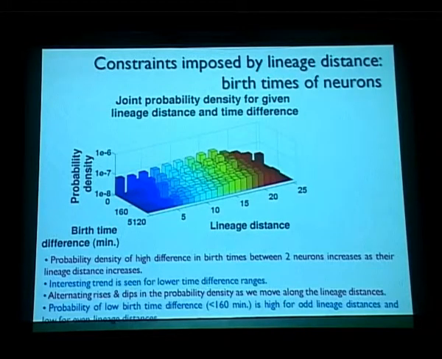So we went on to look at the joint probability density for given lineage distance and time difference. In this instance, we looked at all neurons, not just connected pairs of neurons.